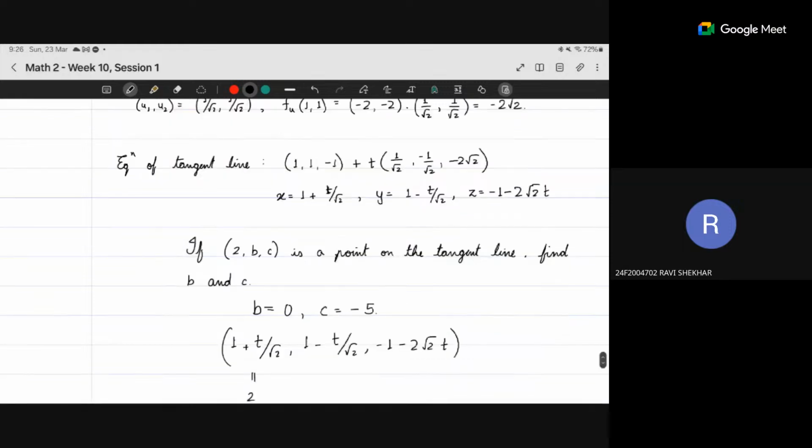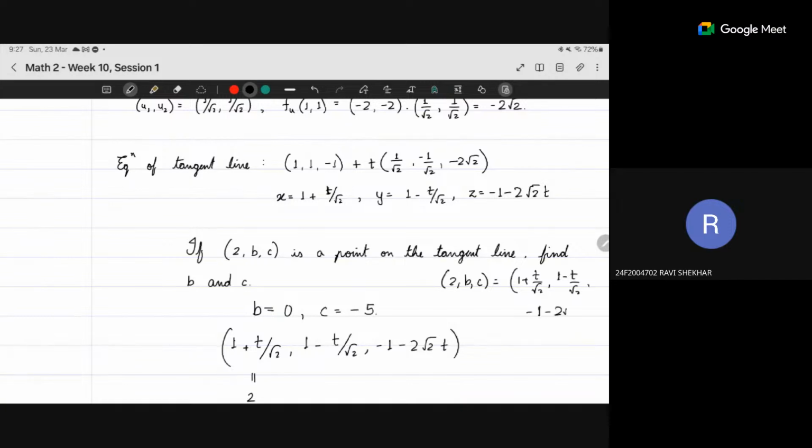So (2, b, c) doesn't need to satisfy any equation; it has to be a point of this form. That is, (2, b, c) equals (1 plus t by root 2, 1 minus t by root 2, minus 1 minus 2 root 2 t), and this equation has to be satisfied for some t. Got it, sir.